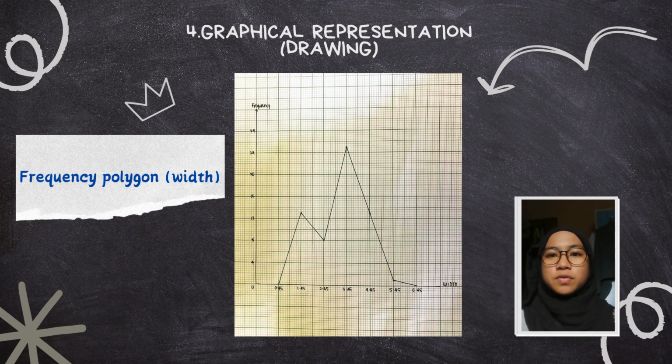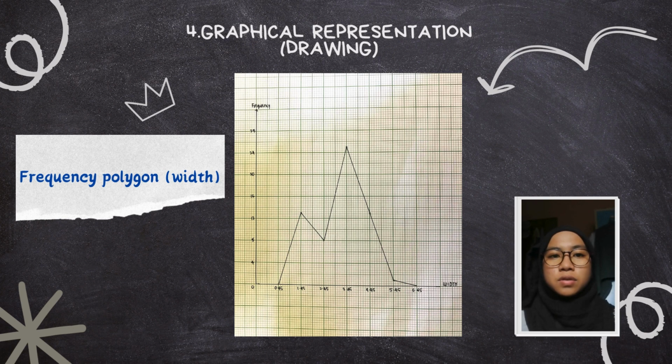Next graph is a frequency polygon for the weight. We use the graph to analyze whether the weight decreases or increases. Okay, look at this graph. Part C1 refers to the frequency and part CX refers to weight. 0.0 to 0.9, we got 0 frequency.